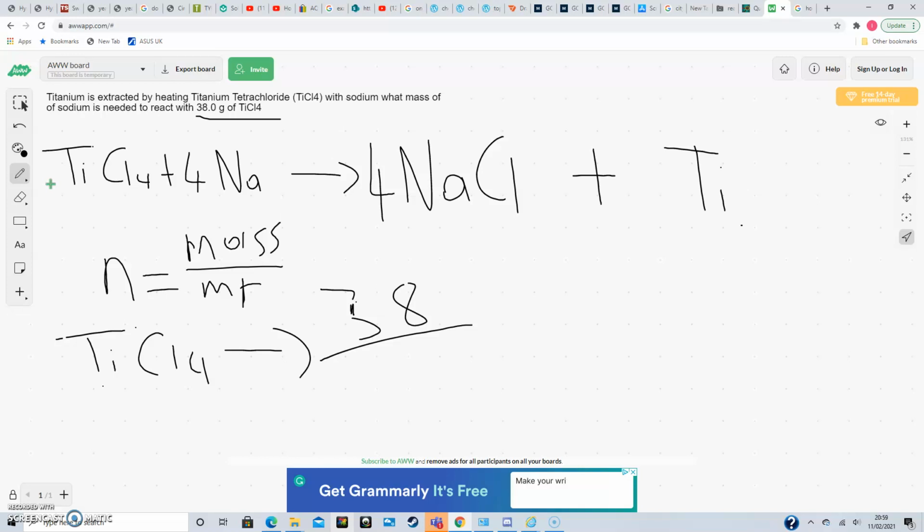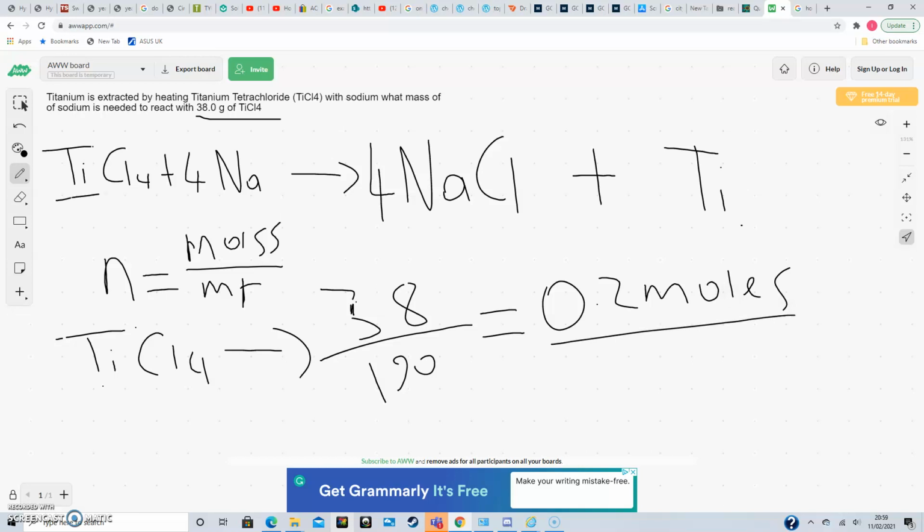It's 190. And when you divide those together, you get an answer of a fifth, which is 0.2 moles. So this over here is 0.2 moles.